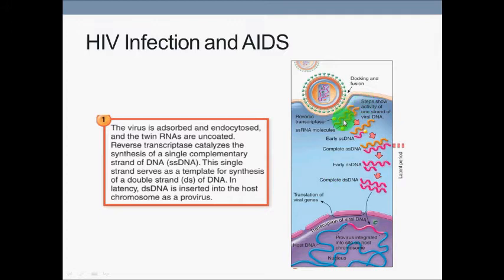The RNA is released, and also the reverse transcriptase. The reverse transcriptase takes the RNA from the virus, turns it into double-stranded DNA. That's right here, complete double-stranded DNA, that can then be inserted into the host DNA.